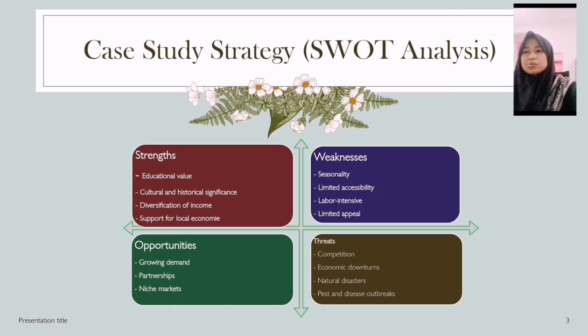Many agritourism operations have a long history and can provide insight into the cultural and historical significance of agriculture in a particular region. And the third is diversification of income.